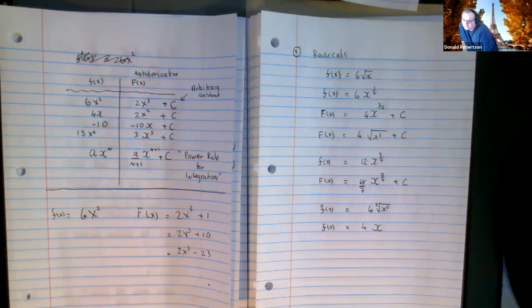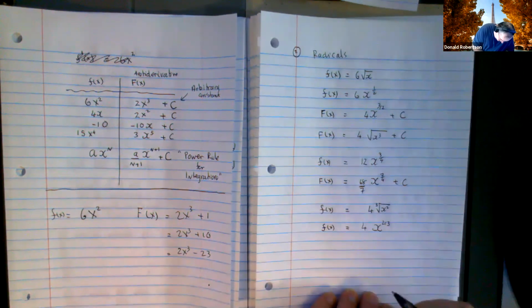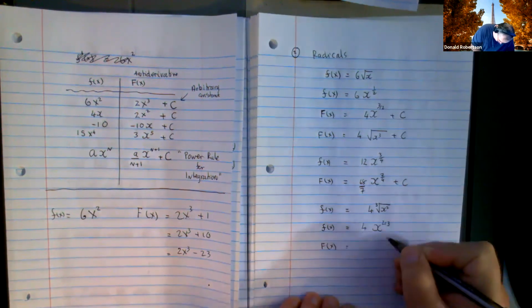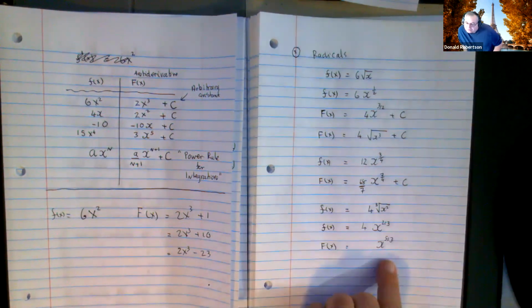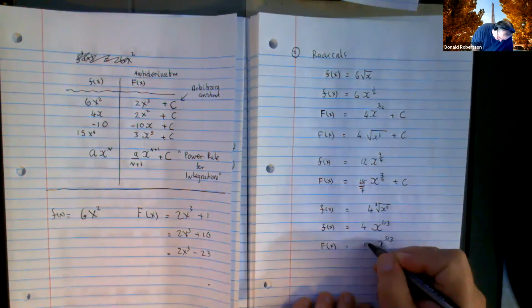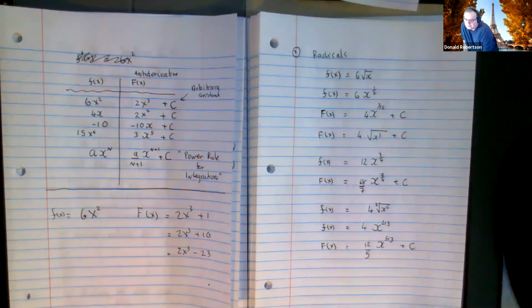Okay, what's the cube root of x squared as a fractional power? 2/3. And now I can do the antiderivative. If you add 1 to the power, you get 5/3. Instead of dividing by 5/3, you multiply by 3/5. And then don't forget your plus C.